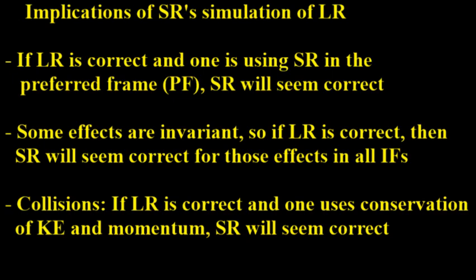A lot of the results and key values are invariant for collisions. Now, that's just a short overview of special relativity simulating Lorentz relativity. It's an interesting perspective to keep in mind and to understand and be able to properly interpret empirical data results.